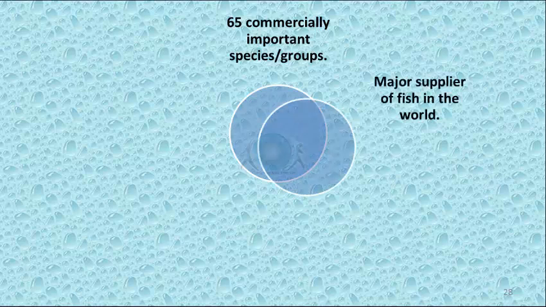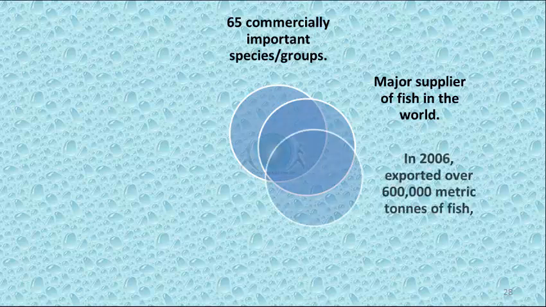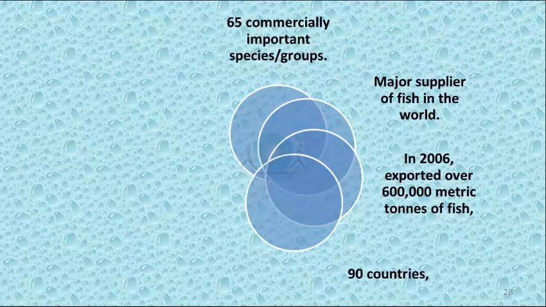Pelagic and midwater species contribute 52% of the total marine fish. That was in 2004. India is a major supplier of fish in the world, and the country exported over 6 lakh metric tons of fish to some 90 countries, and it earned $1.8 billion there.